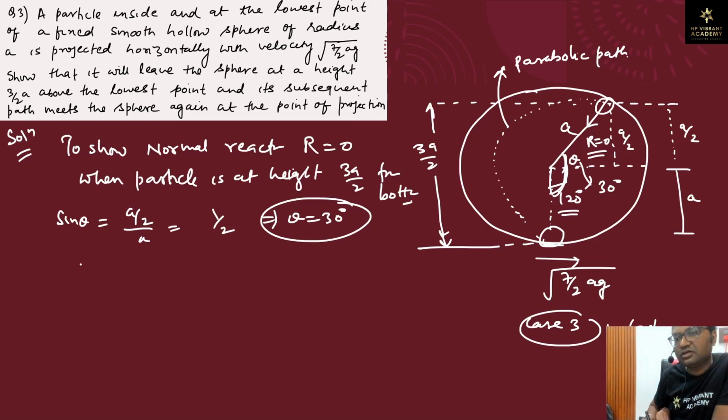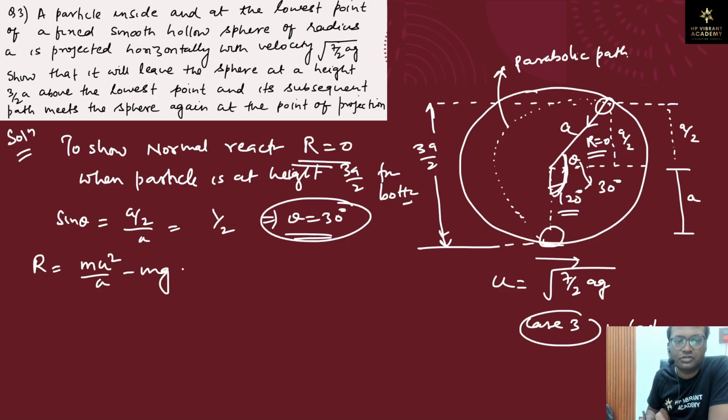We have to show R is equal to 0 when theta is equal to 30 degrees and the initial velocity is given. So let us write down the expression for R: R is equal to mu square upon a minus mg (2 minus 3 cos theta). R is equal to 0 when theta is equal to 30 degrees, so let us show this. The value of R is equal to mu square... so what is the value of u?